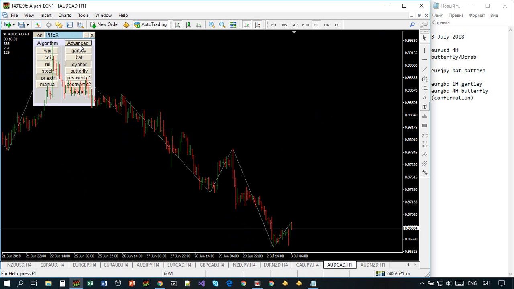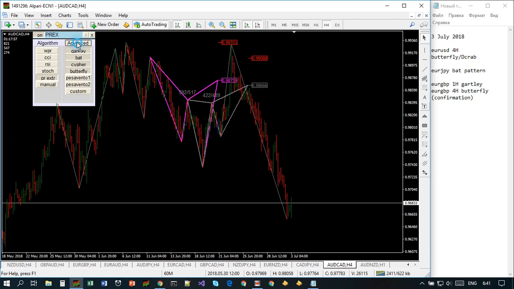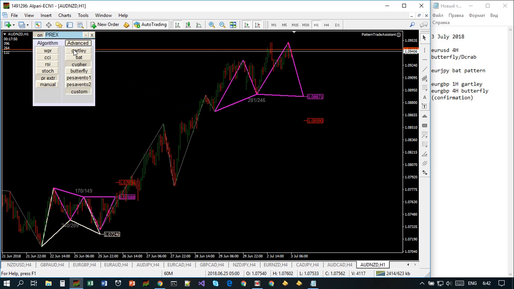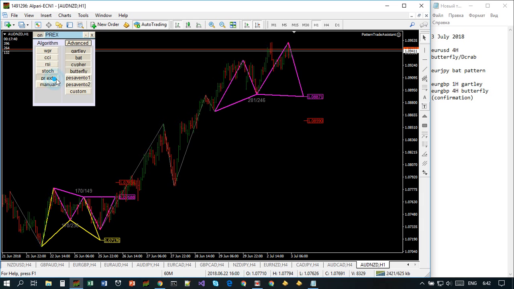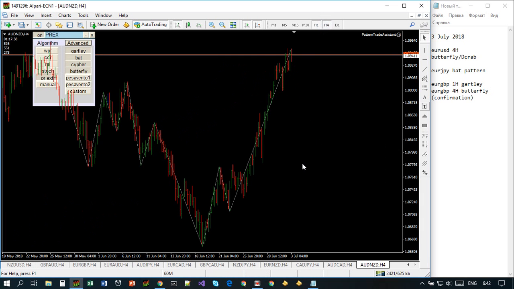Aussie Canadian and 4 hour had this cipher winner recently. Aussie New Zealand. Okay, have a cipher pattern, potential cipher pattern. Let us see if it is an obvious pattern. No, it is not. And on 4 hour we'll have nothing.